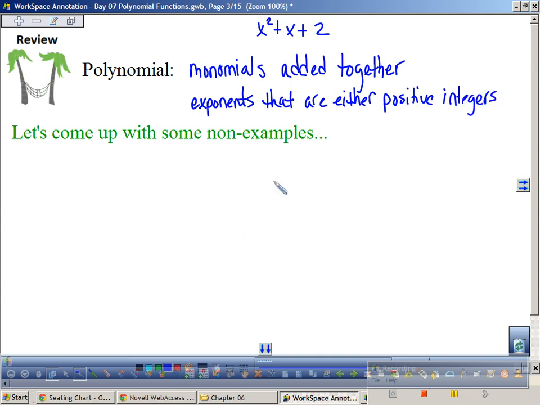Okay, so give me an example of something that would be negative. Yes, Mitchell. Perfect. How about x squared plus 1 over x? That is not a polynomial, right? Because that's got a negative exponent. How about one that actually has a negative exponent like this?